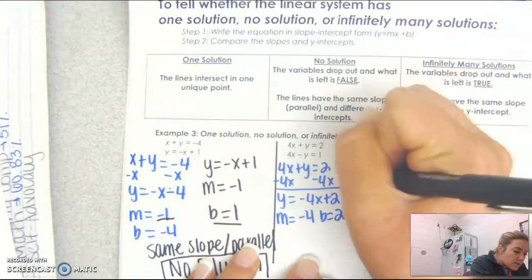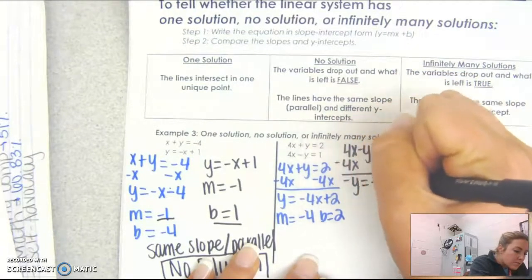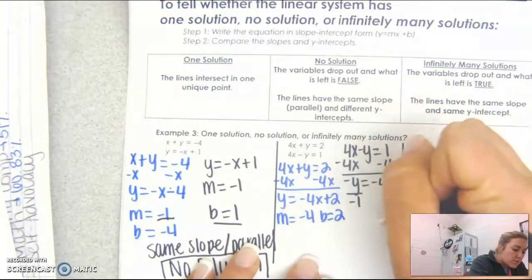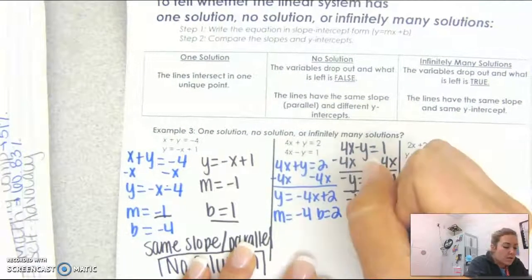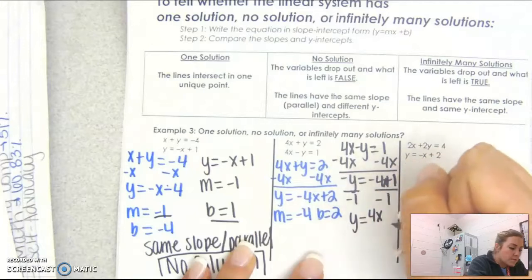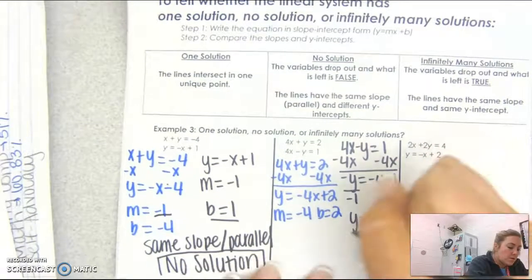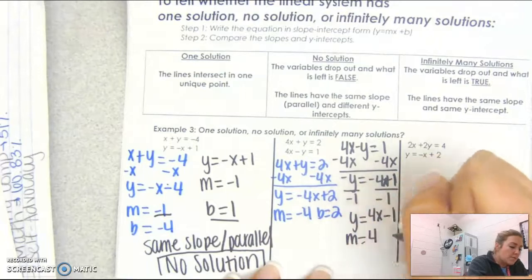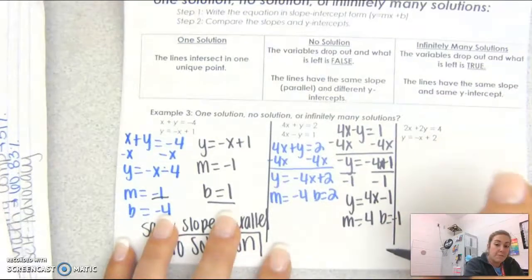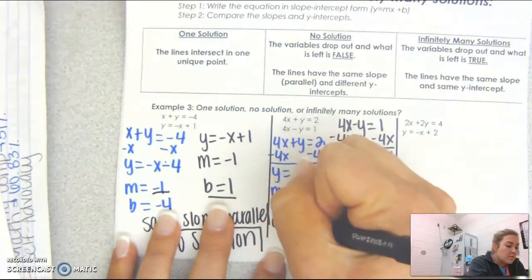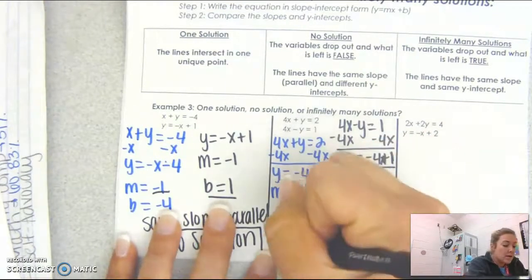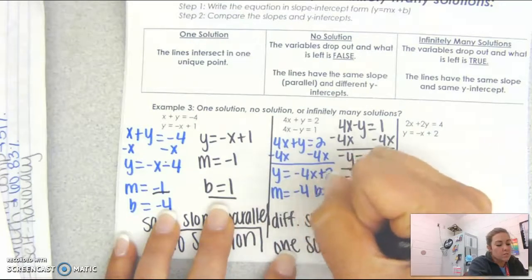Subtract the 4x. Negative y equals negative 4x plus 1. Divide everything by negative 1. So y equals positive 4x minus 1. So here my m is positive 4 and my b is negative 1. So my slopes are different. That means my lines will intersect and I will have one solution.